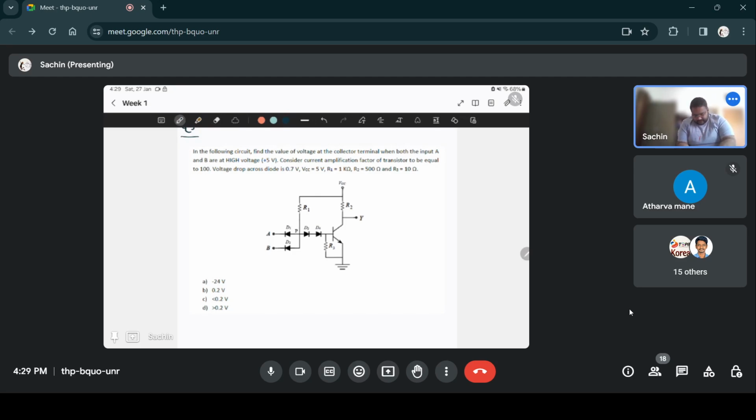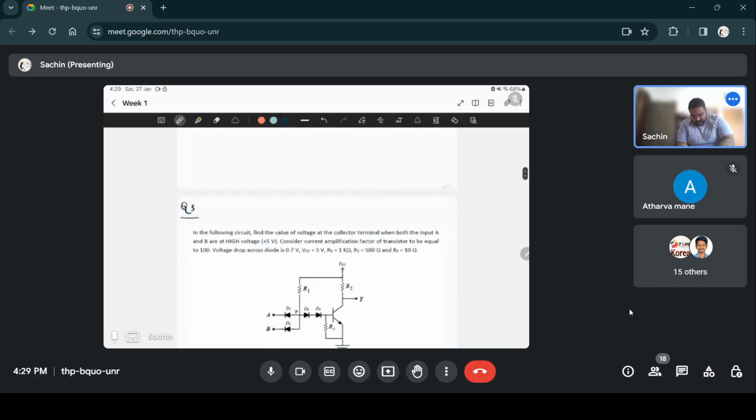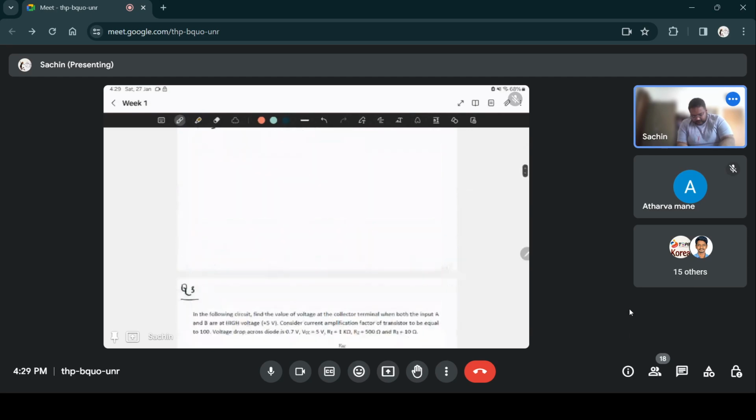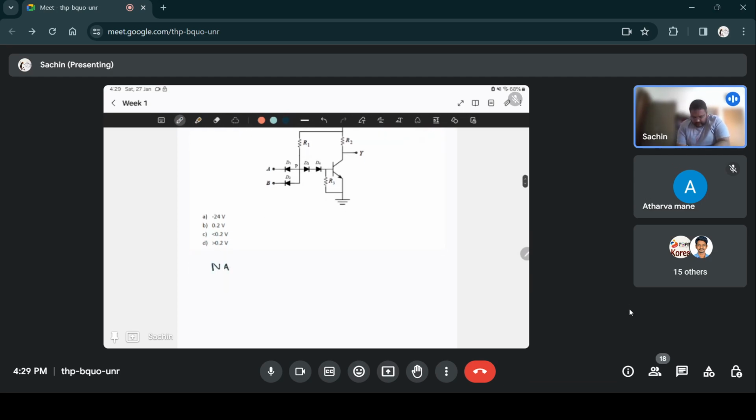What will it be? It's the same circuit. It's a NAND gate, right? And the truth table for a NAND gate is what?